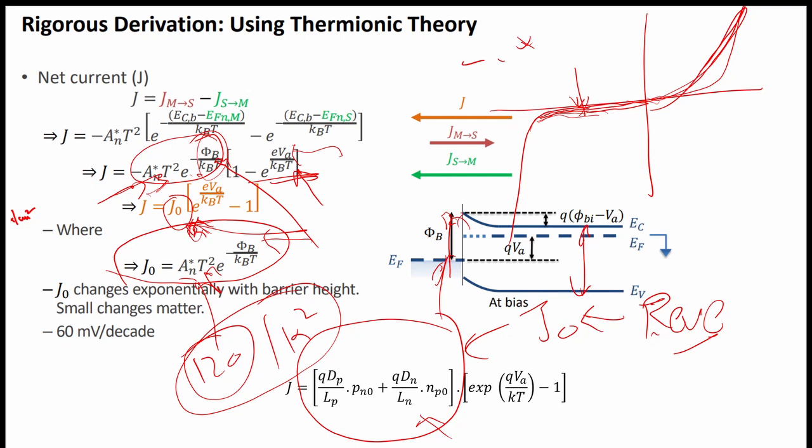In a PN junction, the more the band gap, the lesser this J naught is.